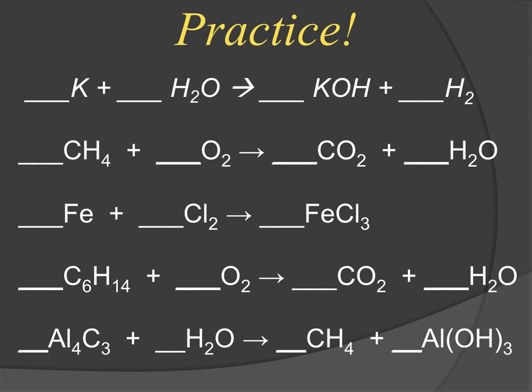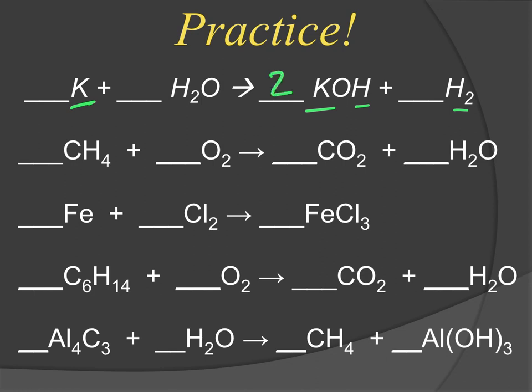Rather than flash all the answers up right away, I'll go through and do a couple of these the way I normally do them. Potassium, let me get my pen going. Potassium, there is one of them. Potassium, there's one of them. That's finished. For my hydrogens, I have 2 and I have 3. So I have 1, 2, 3 hydrogens on the product side. So what I need to do is get to an even number of hydrogens, which is interesting.